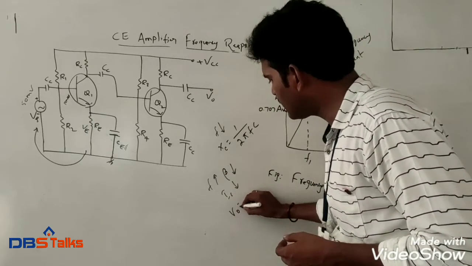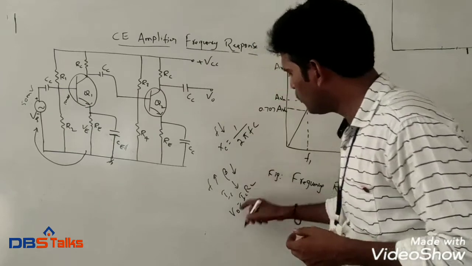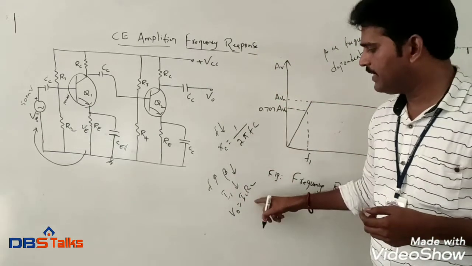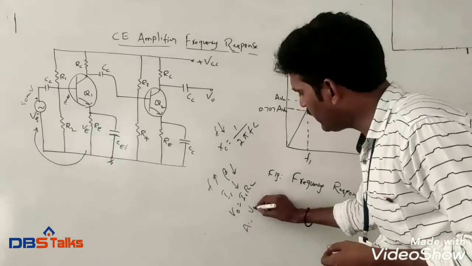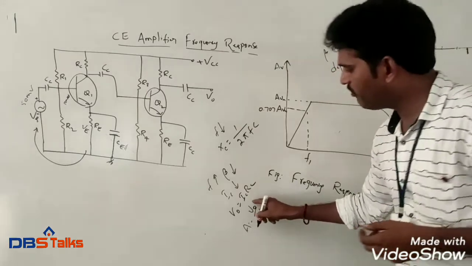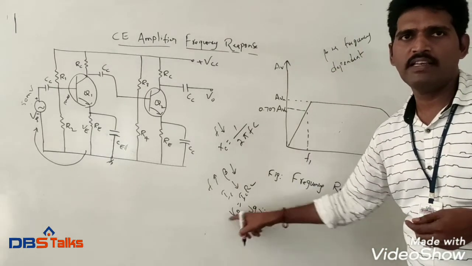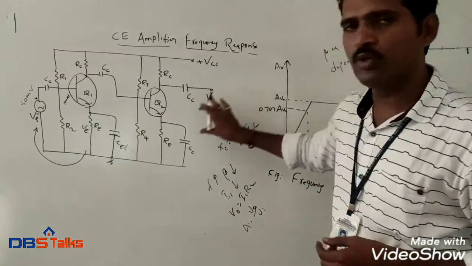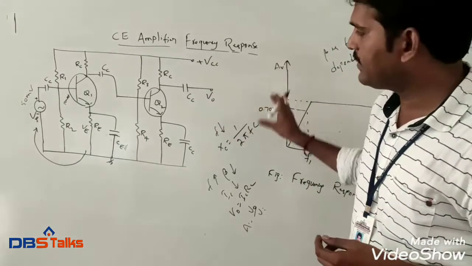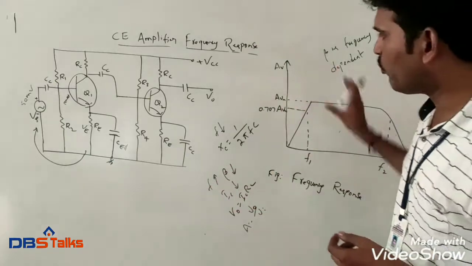If IC decreases, Vo also decreases. Based on this relation, A equals Vo by Vi. If Vo decreases, then automatically the gain also decreases. So at high frequencies, the gain decreases due to the beta factor. Beta is frequency dependent. So that is one reason.